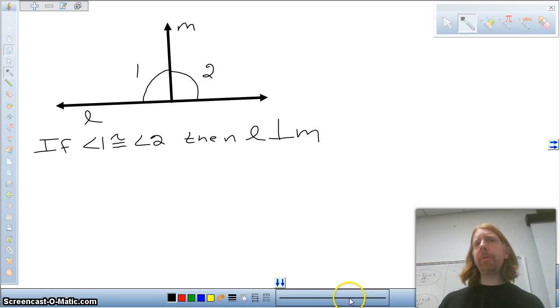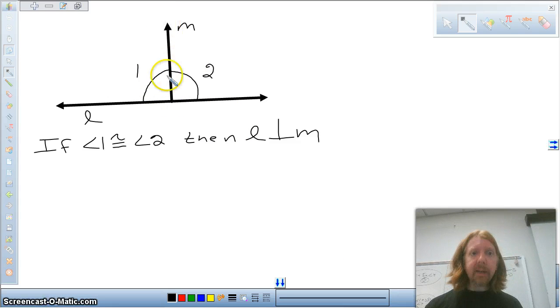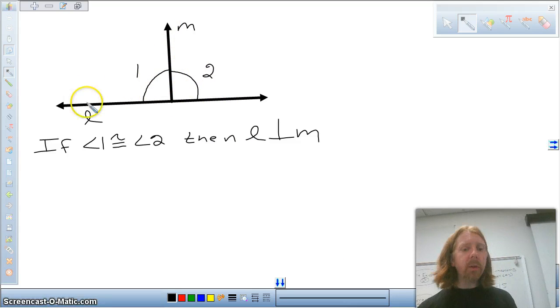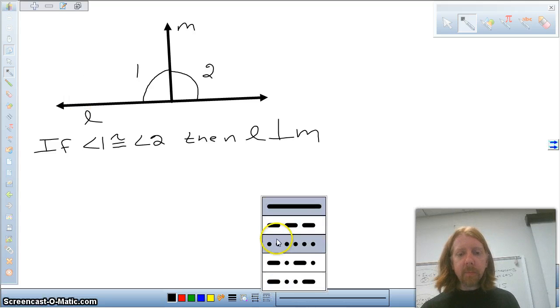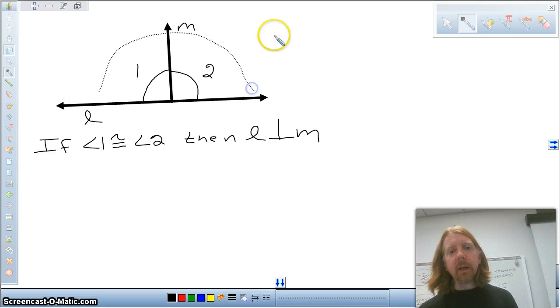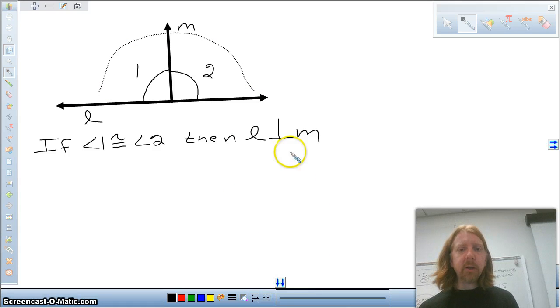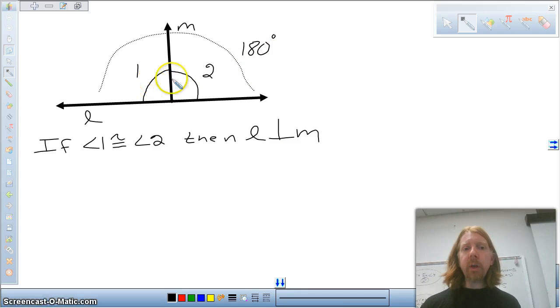Now think about this proof for a moment. I'm showing you here, I've got a straight line. I'm going to put a line on an array that divides this into 2 equal parts. Well, we know already that a complete angle is going to be 180 degrees. If I make these into 2 equal parts, so if I were to call that x and that x, since they're equal, I could do some math. X plus x is 180.